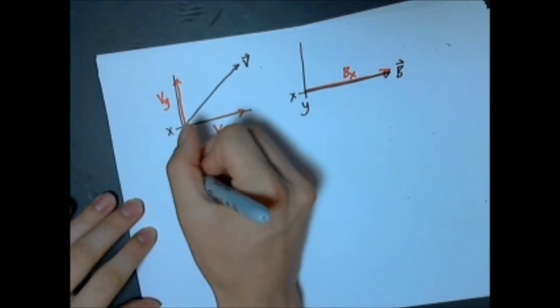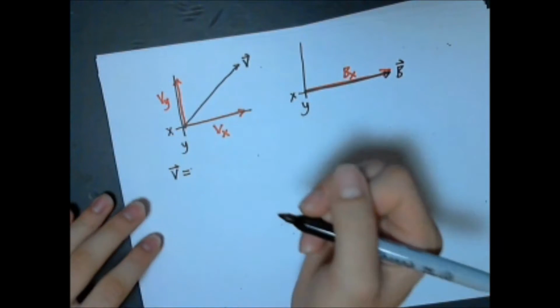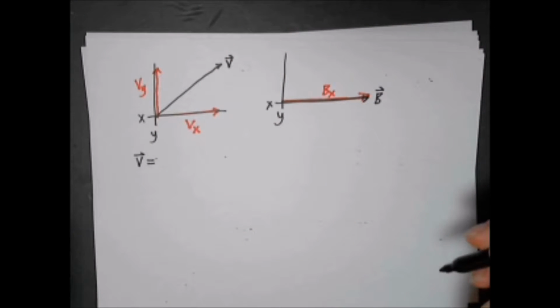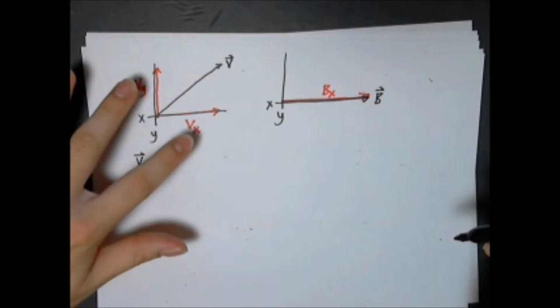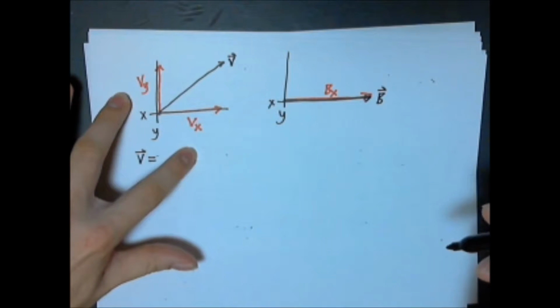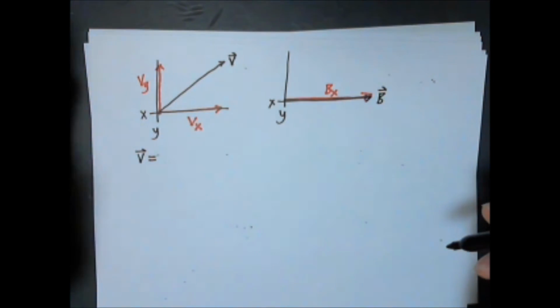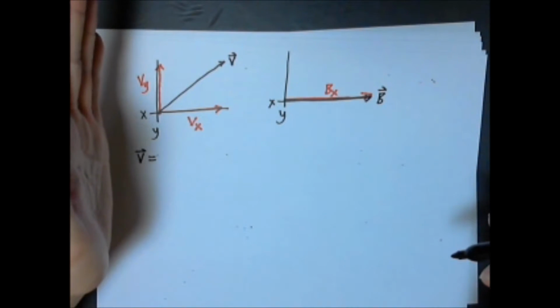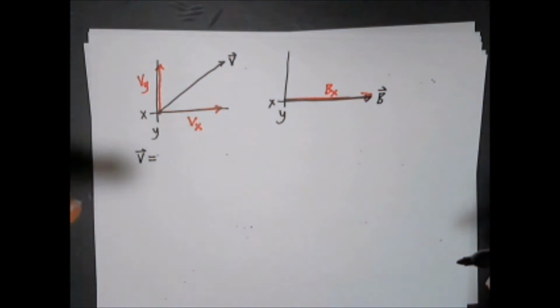So when describing vectors in terms of components, you can write, let's use vector v as an example, vector v is equal to the sum of its components. Now, because this is vector addition, not scalar addition, we can't simply add these two components together because they're projected in different dimensions. This is the y dimension, this is the x dimension.